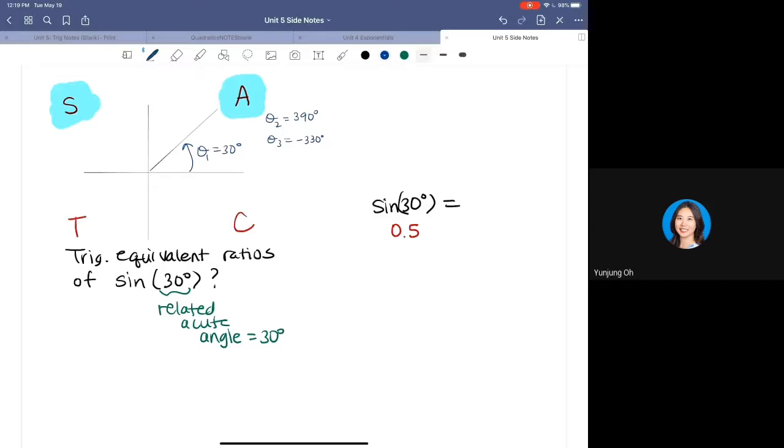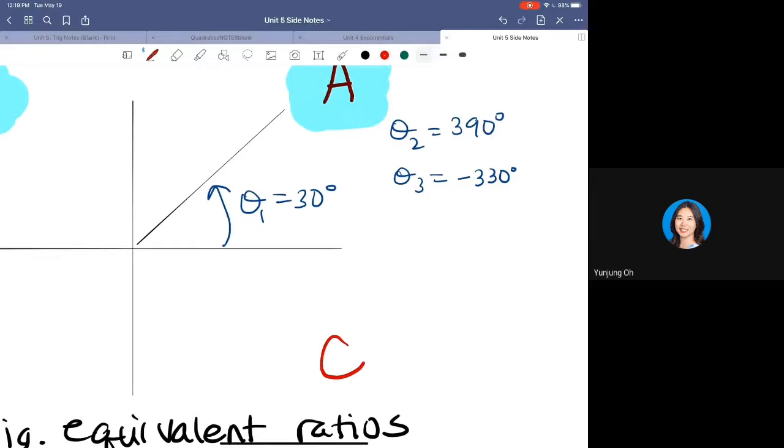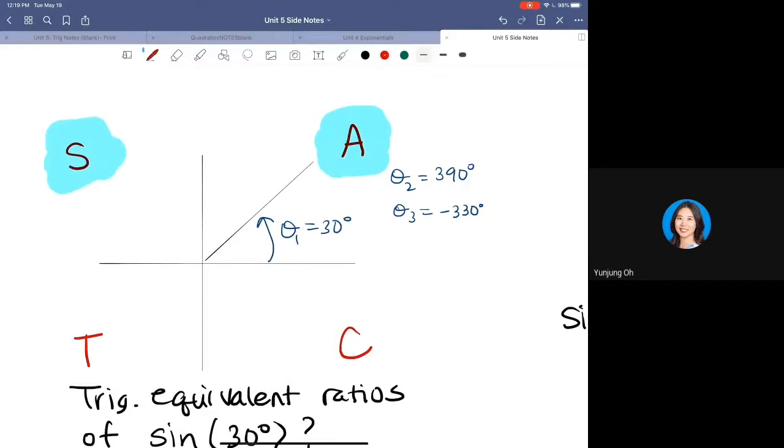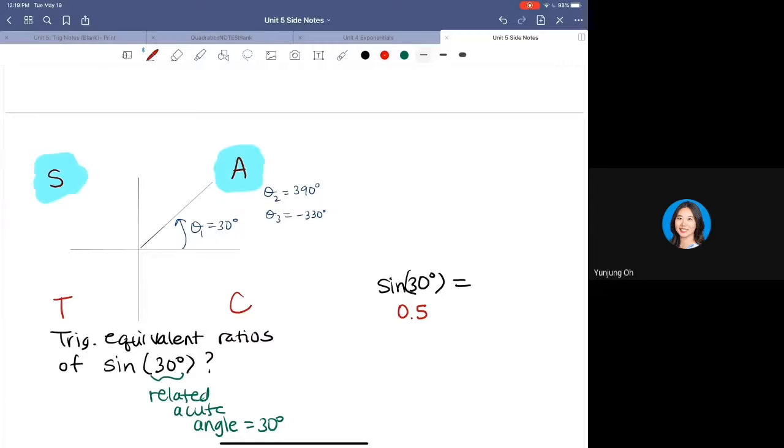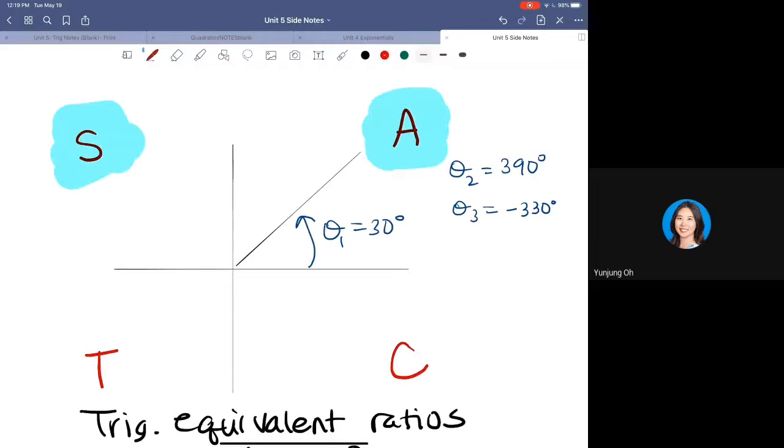And so what I'm going to do is start drawing a couple things. That's my related acute angle, and I could draw another angle that will give me that same value of 0.5. Let me try it. If I draw a line here, and I also make this 30 degrees, then both these angles will have a corresponding related acute angle of 30 degrees.